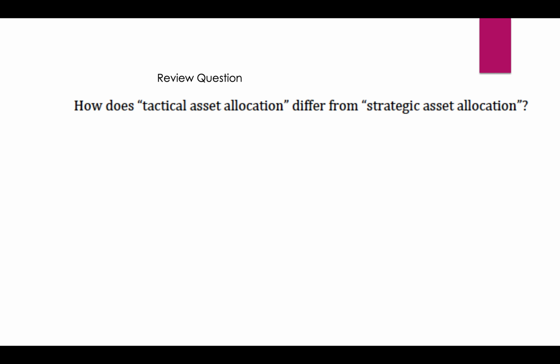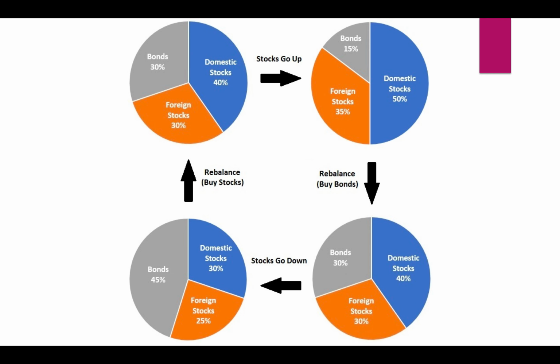How does tactical asset allocation differ from strategic? Well, basically this is bonds, stocks, domestic stocks. It's varying the asset allocation: more foreign stocks, less foreign stocks. Go from bonds, less bonds, more bonds, even more bonds, and domestic stocks.